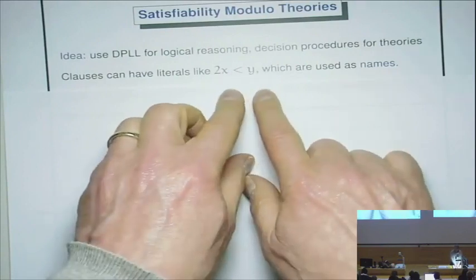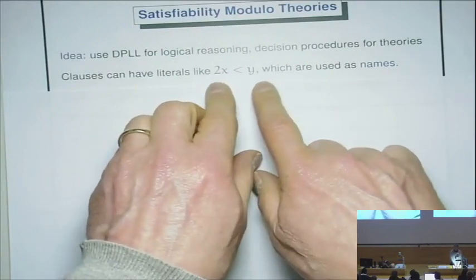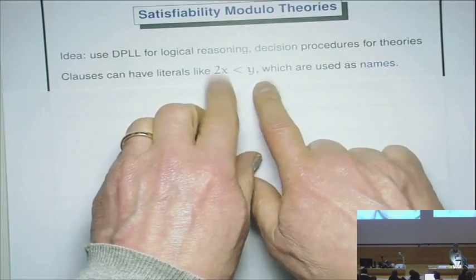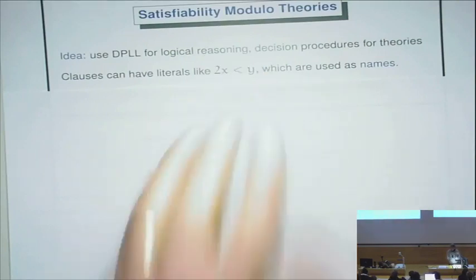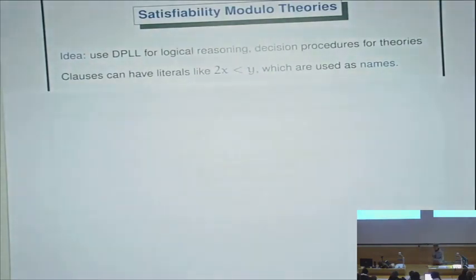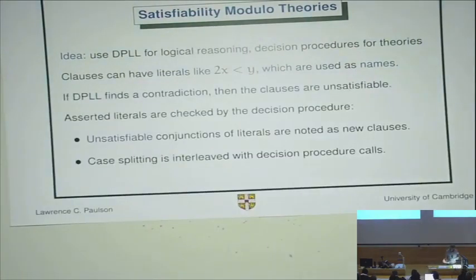And the decision procedure is going to see this as an arithmetic formula. But DPLL sees it simply as a letter. Again, the reason people get confused, I sometimes see students thinking you can have variables in a SAT solver, which you cannot actually do.